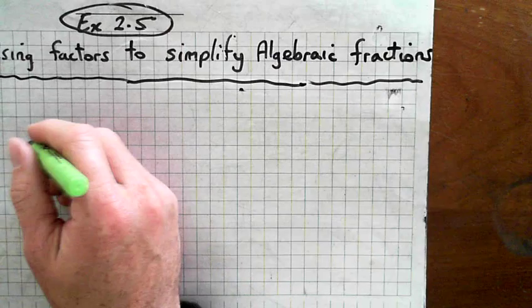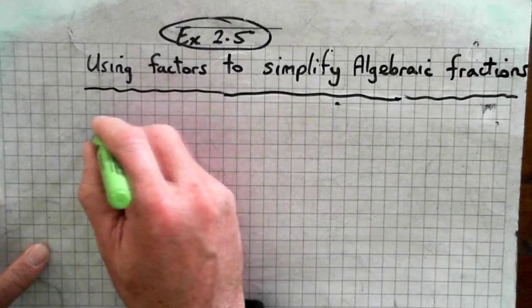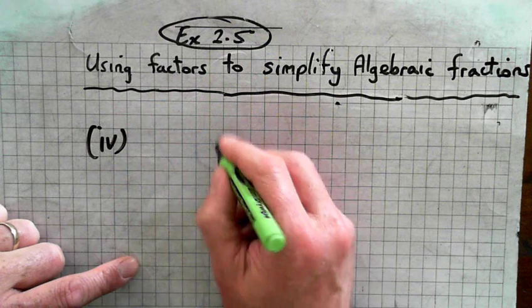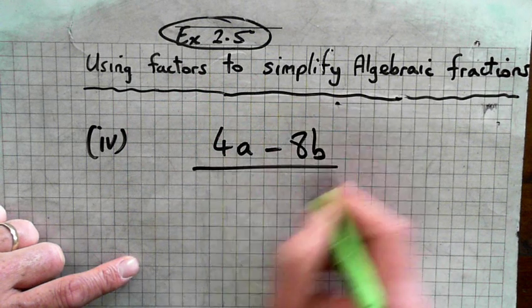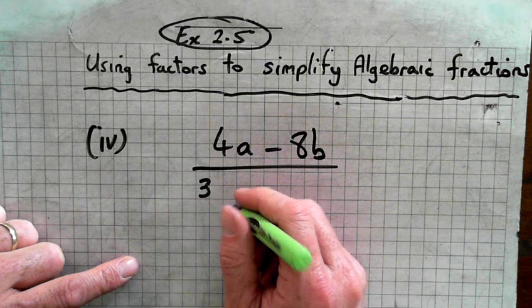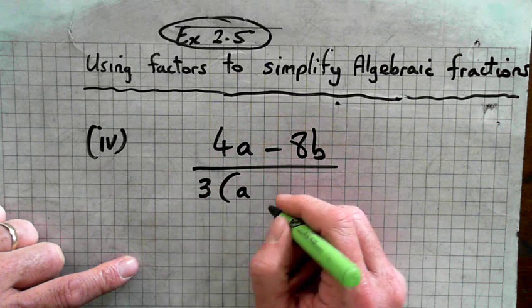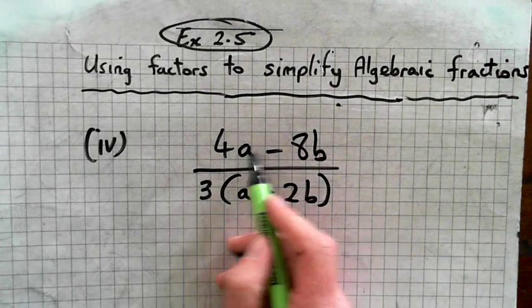Part 4. 4a minus 8b over 3 times a minus 2b. Look up. So we do the same, we need to factorize the top bit.